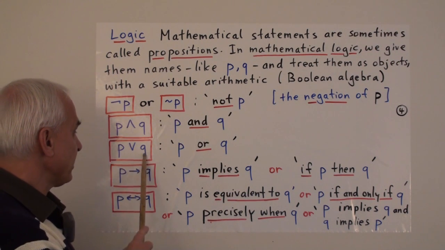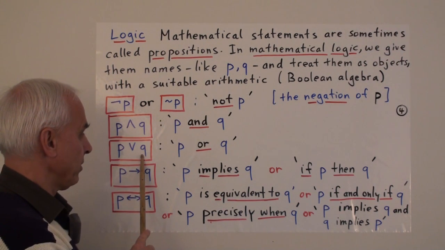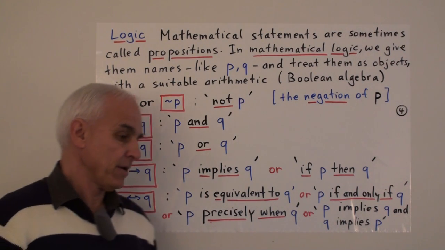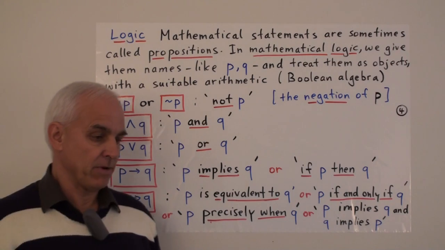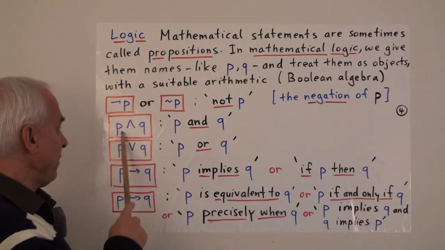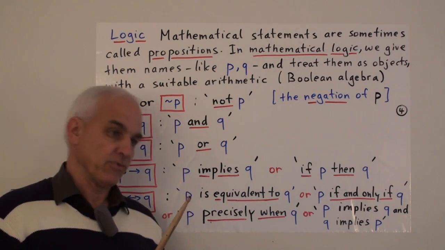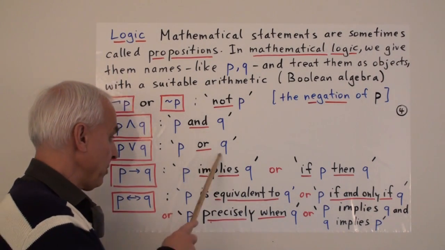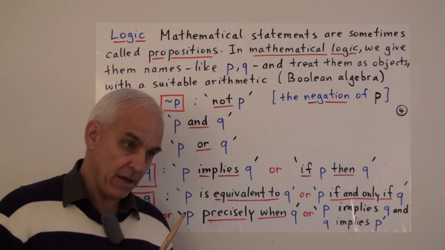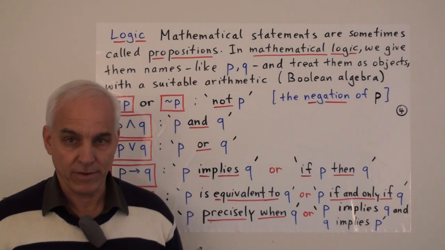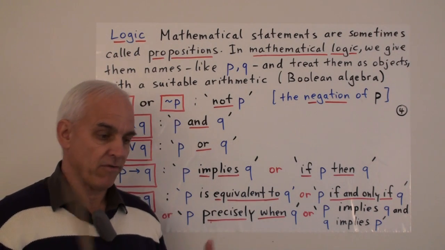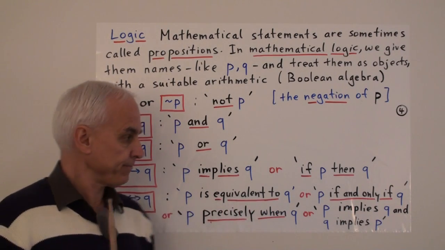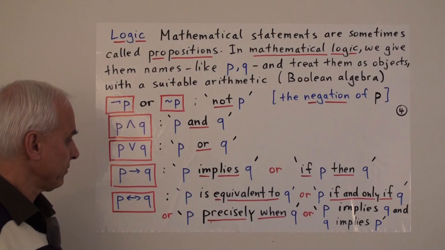And this one here is the statement P or Q. So if P is the statement, it's raining today, and Q is the statement 1 plus 1 equals 2, then this would be the statement, it is raining today and 1 plus 1 is 2. While this one here would be the statement, it is raining today or 1 plus 1 equals 2. It's a way of combining two statements to get a bigger statement that contains both of them in some way.